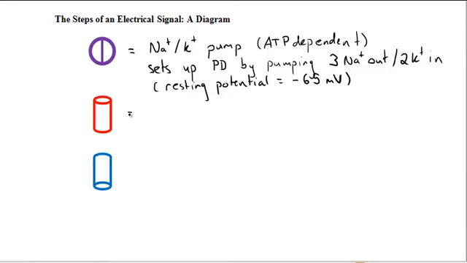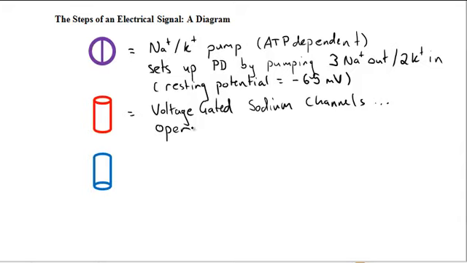Then we have these what are called voltage-gated sodium channels. And these voltage-gated sodium channels will open at a certain potential, which is called the activation potential.